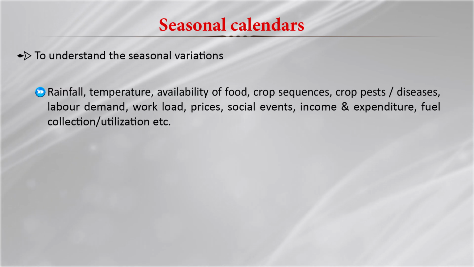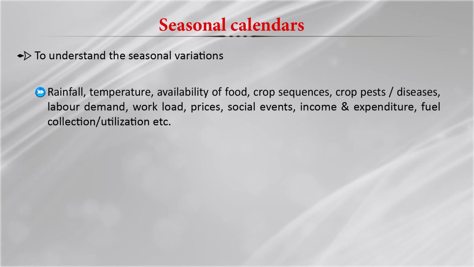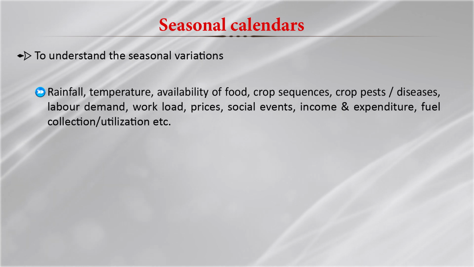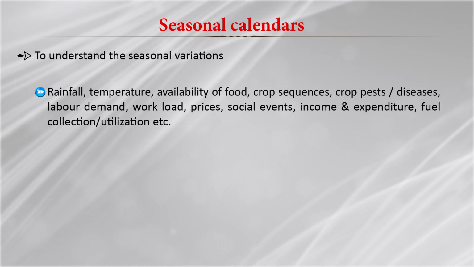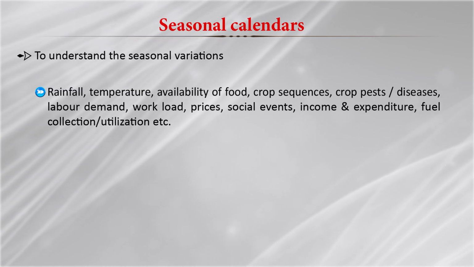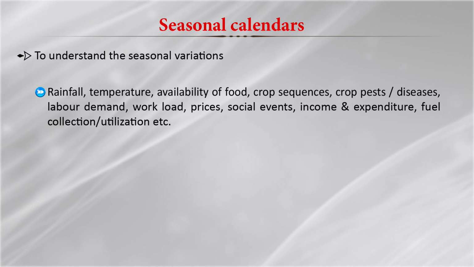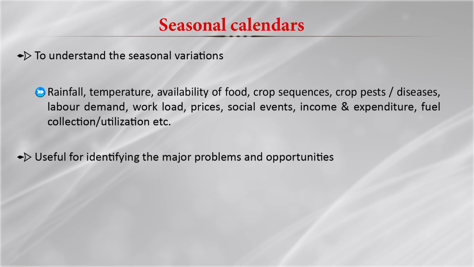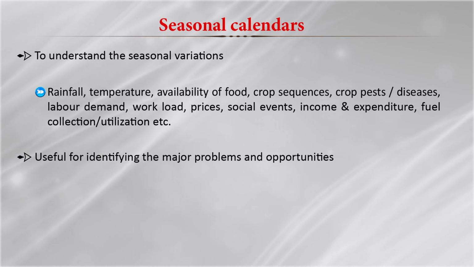So in different aspects of agriculture or the economic activity in the village, what are the different variations over the period of time within the year, we need to understand, and for that purpose we prepare the seasonal calendar. And the seasonal calendar is useful to identify the major problems and also the opportunities.